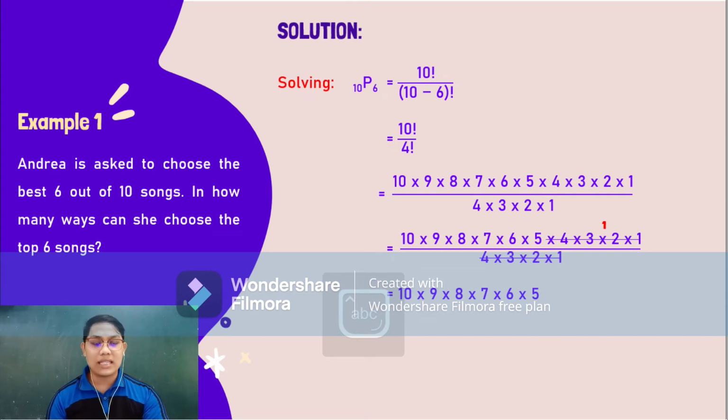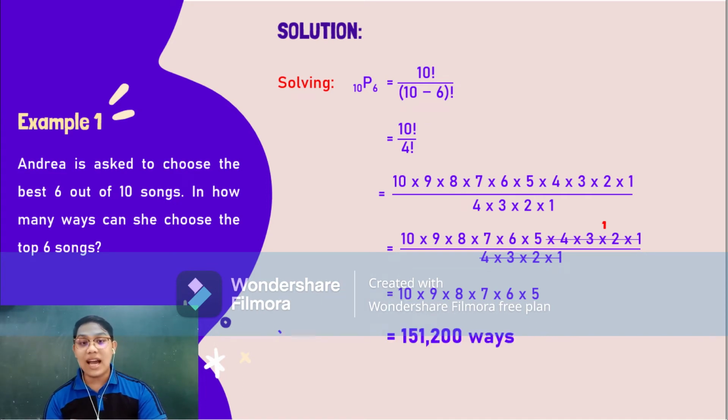And then you might be asking, sir, where is the 1? By the rule of multiplication, a number multiplied by 1 is equal to itself. So if we divide 10 times 9 times 8 times 7 times 6 times 5 by 1, it is still the same. Now let us multiply them. 10 times 9 times 8 times 7 times 6 times 5 is equal to 151,200.